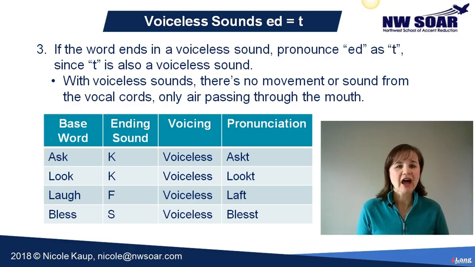Now, although laugh is spelled with a GH at the end, it's pronounced F. It's very unusual in English that a GH is pronounced F, but it happens every so often. So note that this is an F sound. Notice with the F, again, you have no vibration and no sound coming from your vocal cords. And the same happens with the S sound.